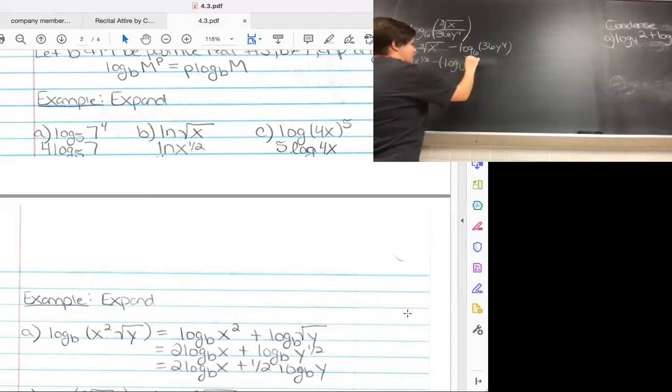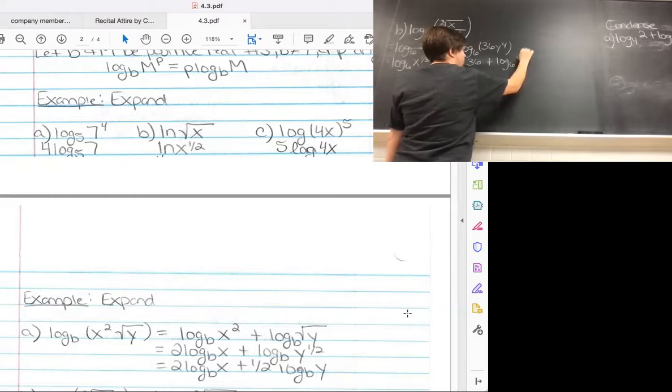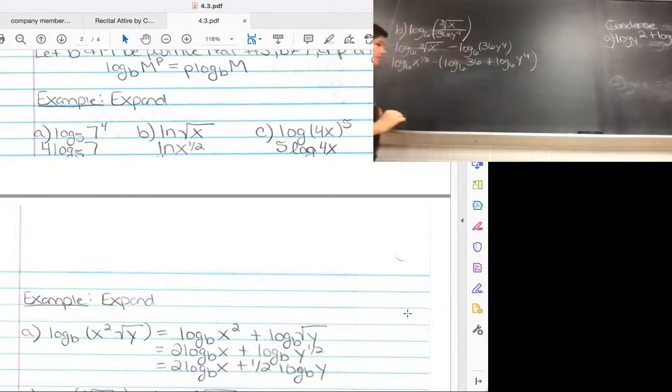So I have log base 6 of 36 plus log base 6 of y to the 4th. Okay, I have the power rule, so I can pull that 1/3 out front. So that's going to be completely expanded now.